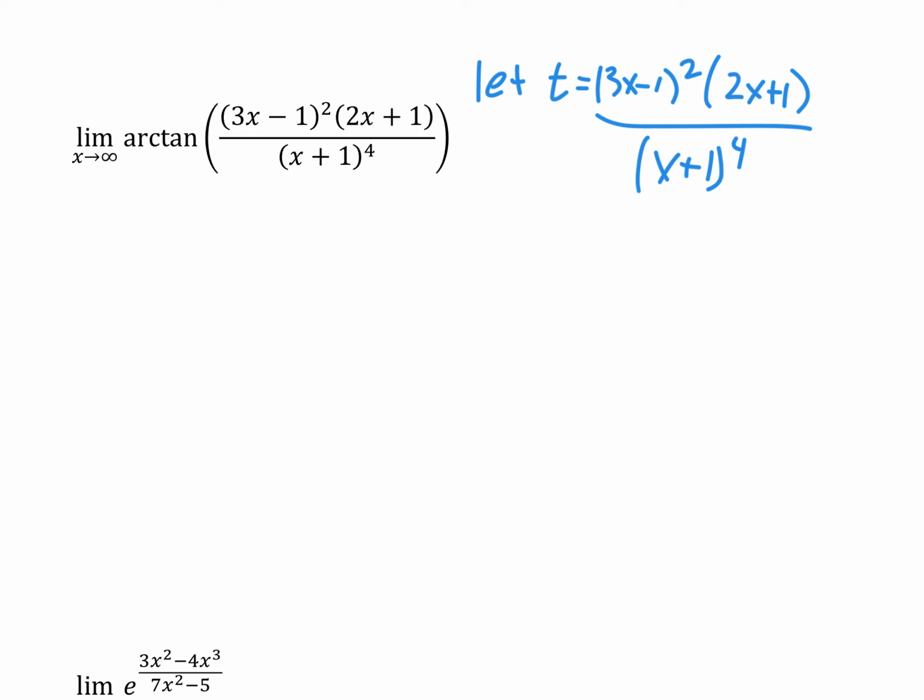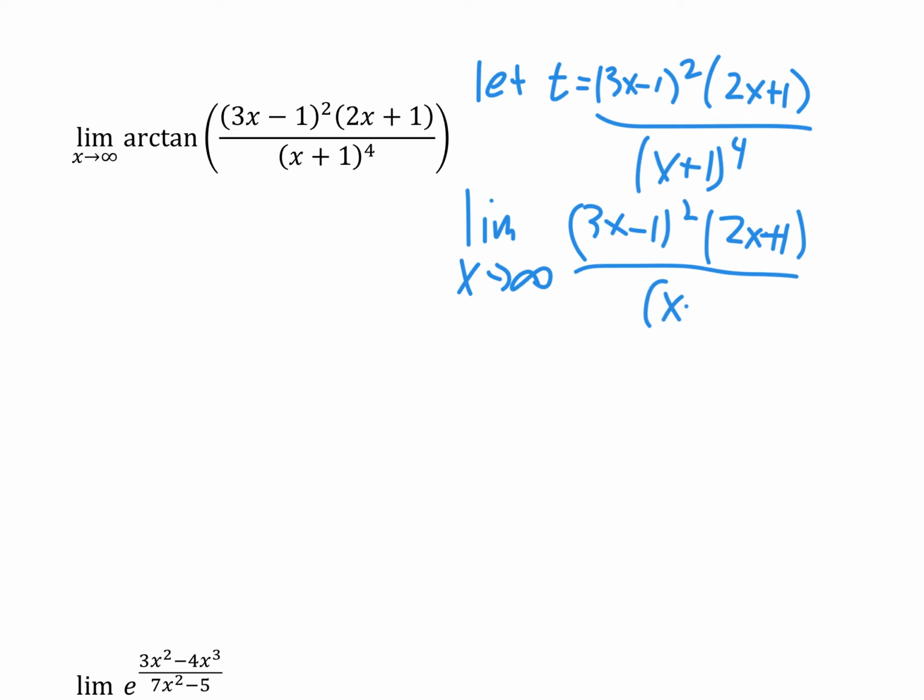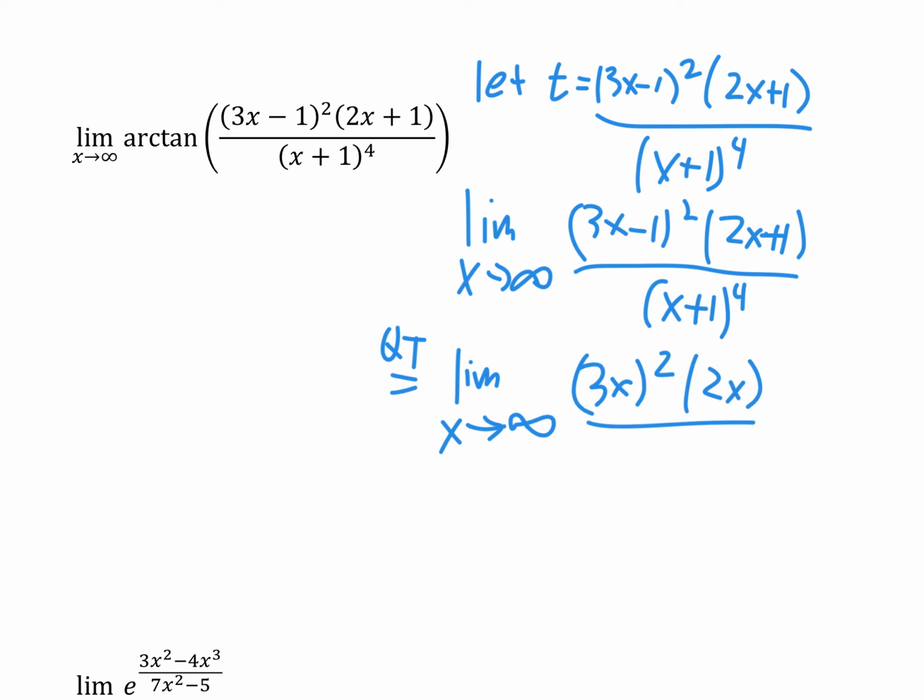So we're going to look at the limit as x approaches infinity of 3x minus 1 squared, 2x plus 1 over x plus 1 to the 4. By the quotient theorem, we can drop almost everything, just hanging on to that 3x squared, 2x, the x to the 4.